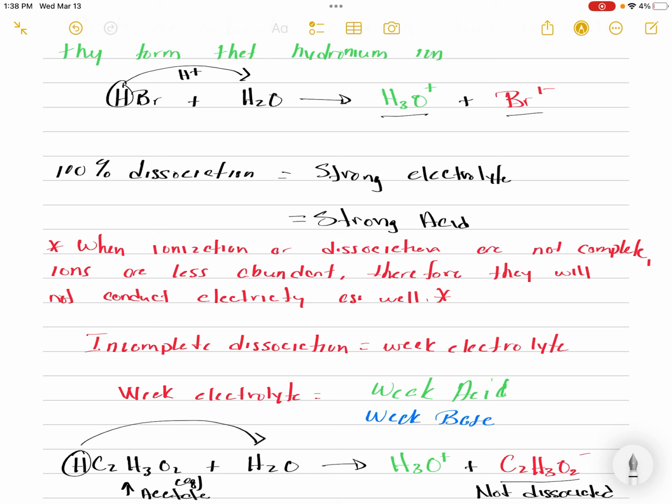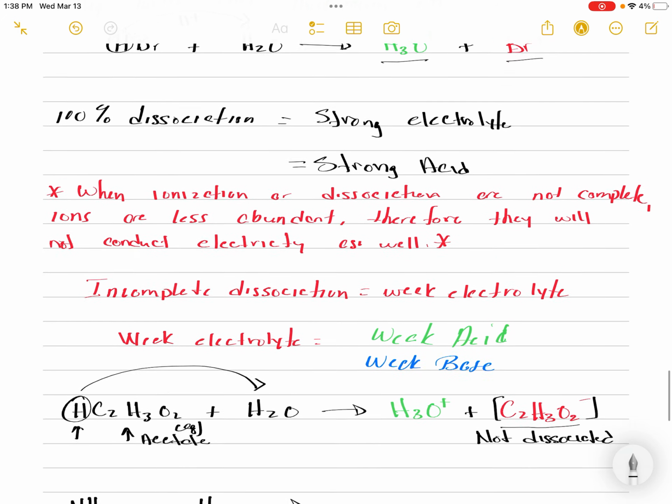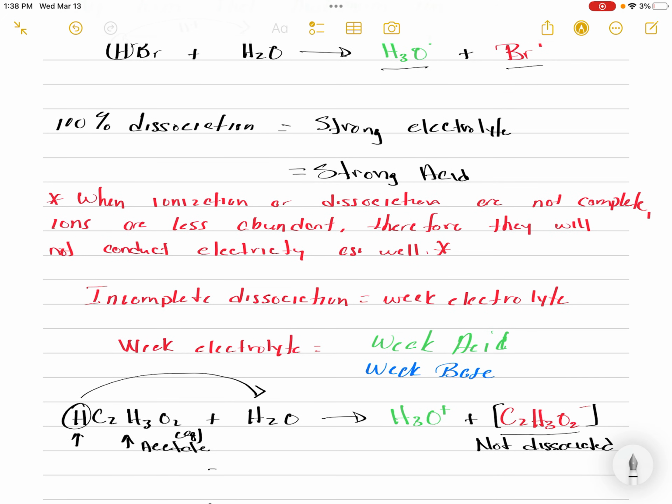The amount of ions that are released is not going to be that many, because acetate really only has that one ion to give away, and anything else that can be broken apart here is staying intact the way it is. So because this is not completely dissociating into all its separate ions, we call this an incomplete dissociation. Because this is an incomplete dissociation, this is considered a weak electrolyte because there's not really going to be an abundance of ions present. And if it's a weak electrolyte, then it's going to be a weak acid.